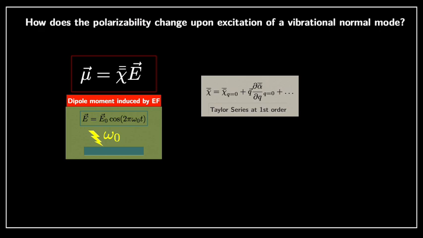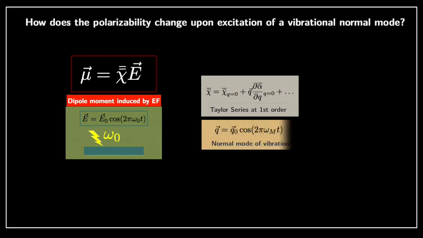And of course, we know that Q is a vibration of the material, and it's going to be a normal mode. Normal mode means the vibration has a single frequency. And in this case, I wrote that frequency of vibration omega m. So this corresponds to an oscillation of the atoms in the material. We can obtain those vibrations using different techniques, different methods, but it corresponds to a vibration.